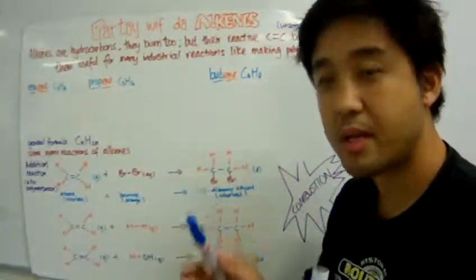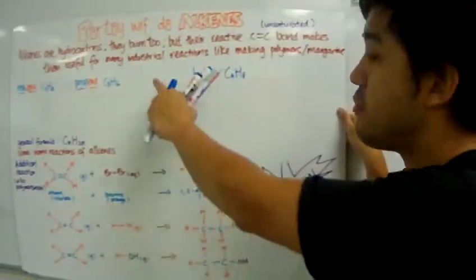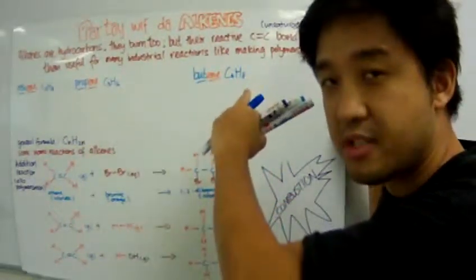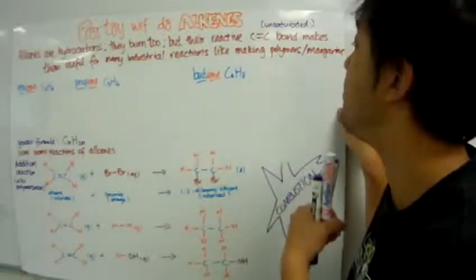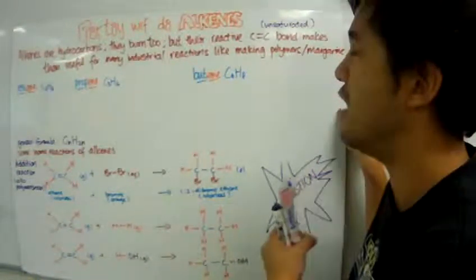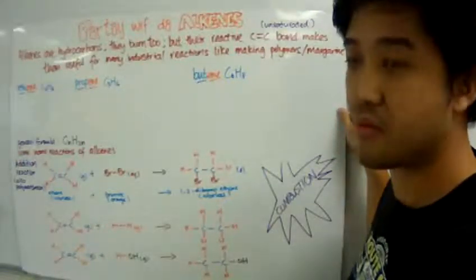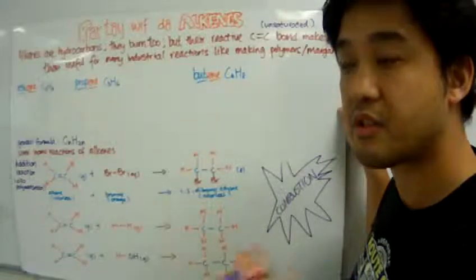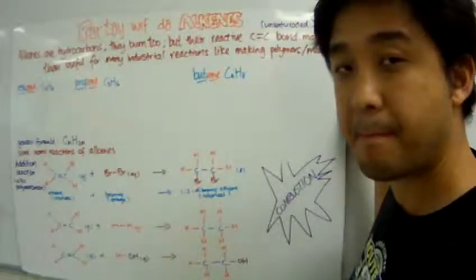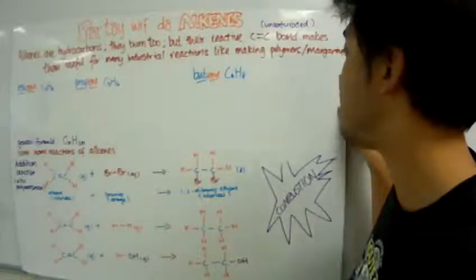And this will make alkenes very useful for several industrial applications like making a whole bunch of plastics, and even to saturate vegetable oils like olive oil into margarines.